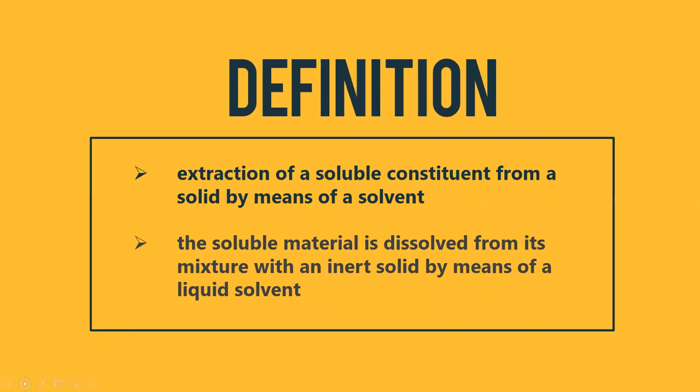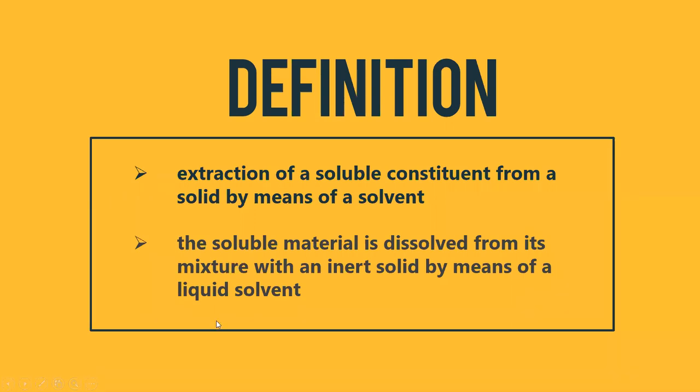So when we speak of leaching, it is the extraction of a soluble constituent from a solid by means of a solvent. So this is one very different kind of separation because this time we're not dealing with fluids, but rather one is a solid and another one is a liquid.